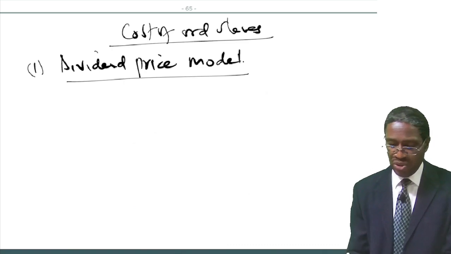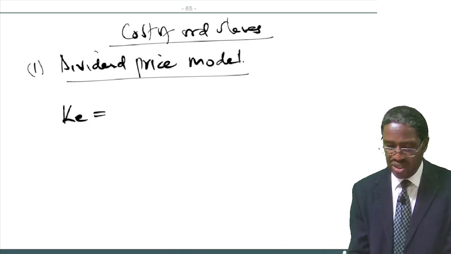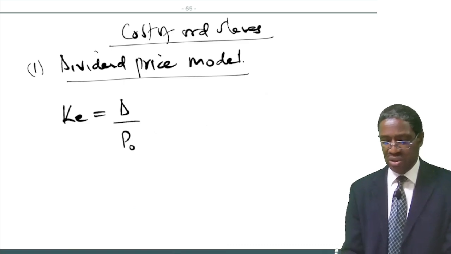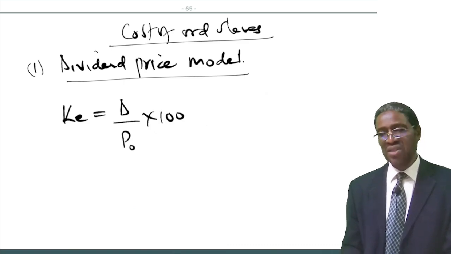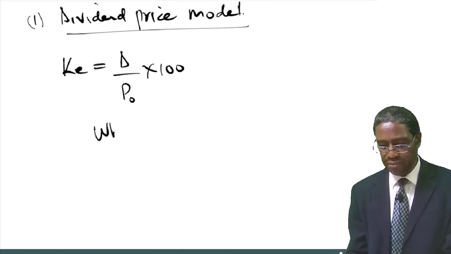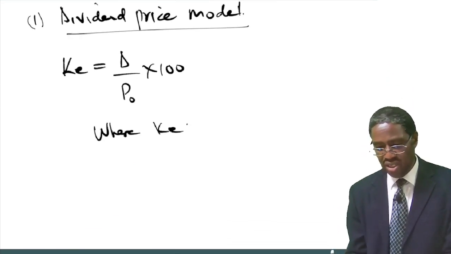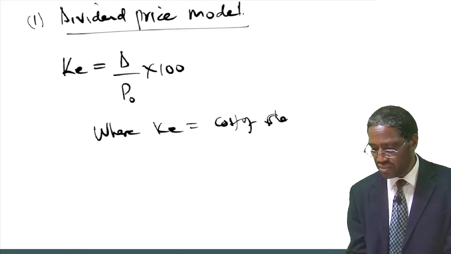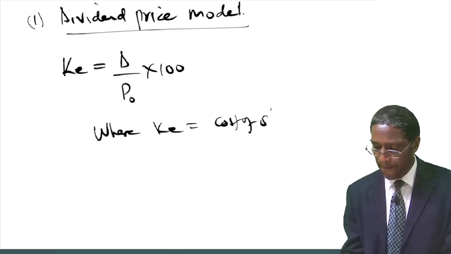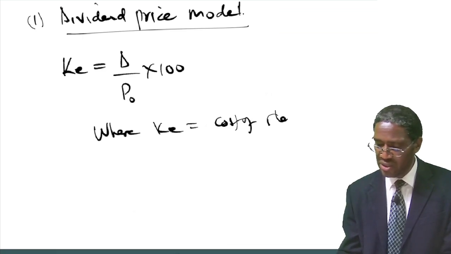Then you can now put down the formula. KE is equal to D divided by PO times 100. Then there you can say where KE represents the cost of shares, or you can even say cost of ordinary shares.